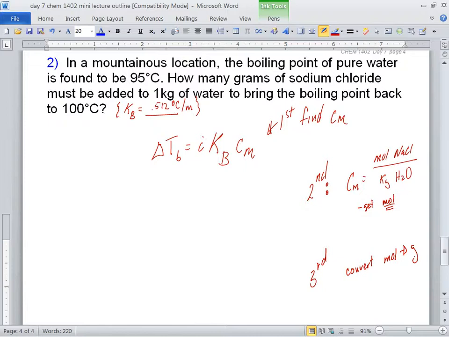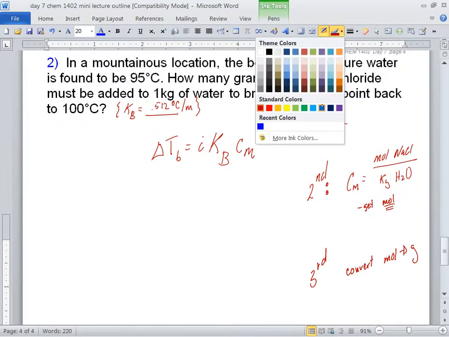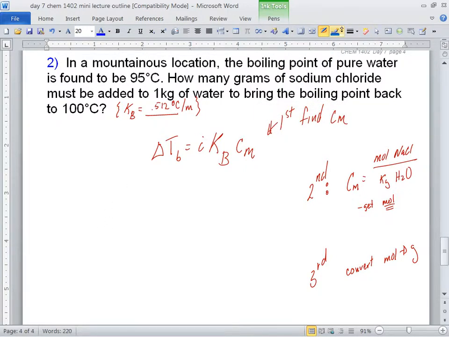What are you going to plug in for delta TB? 5. 5 has to equal i times my Kb, which is 0.512, times Cm.